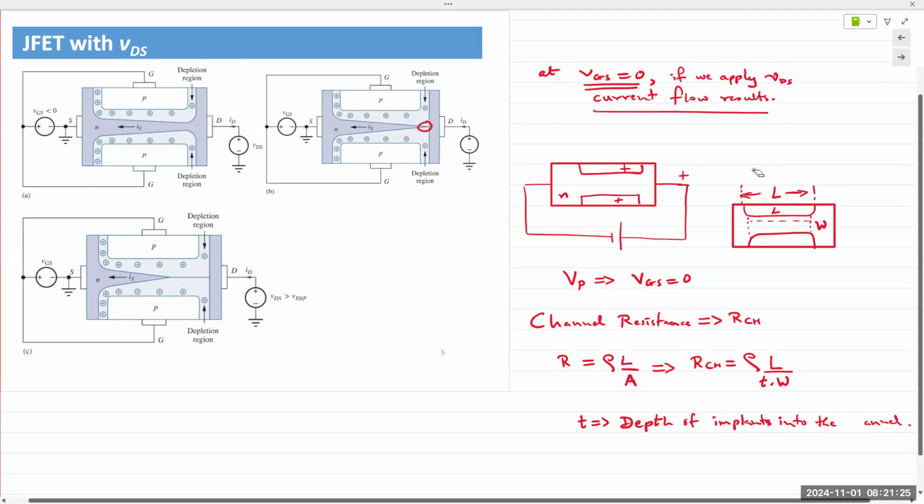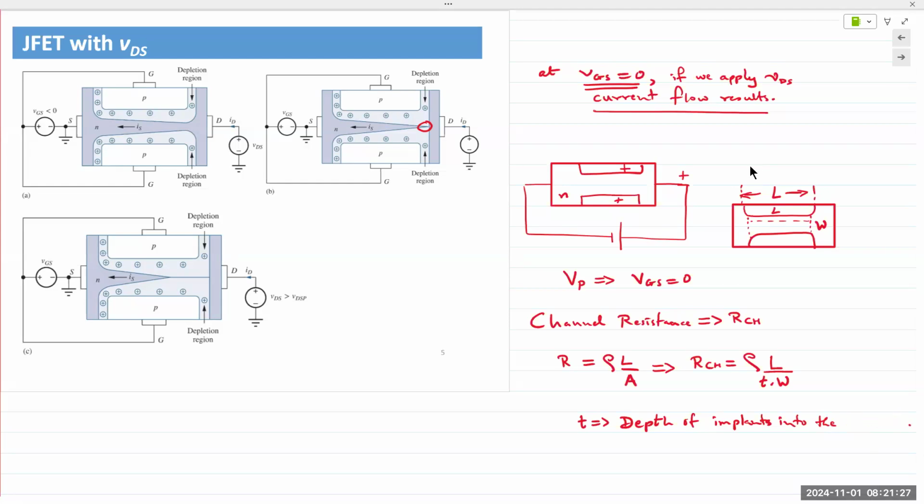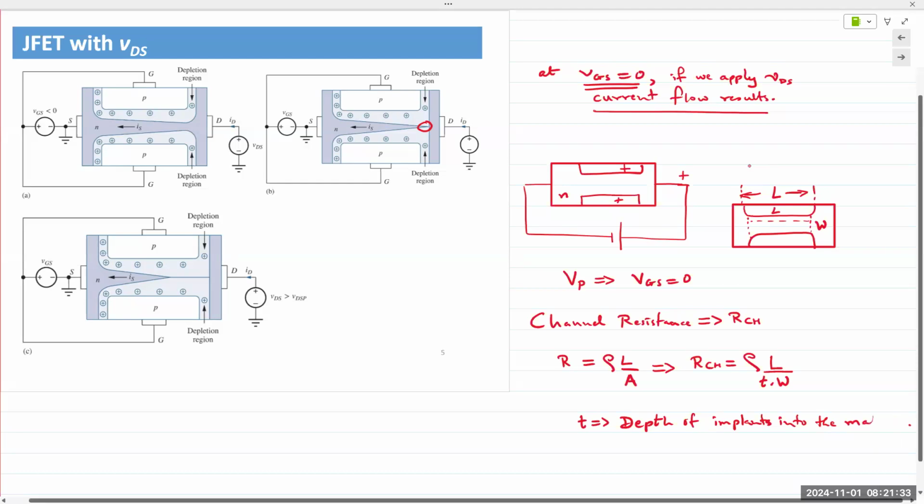Or more appropriately, the depth of the implant into the silicon material, or into the semiconductor material. And usually it's not very deep. It's very shallow compared to the actual bulk of the material.